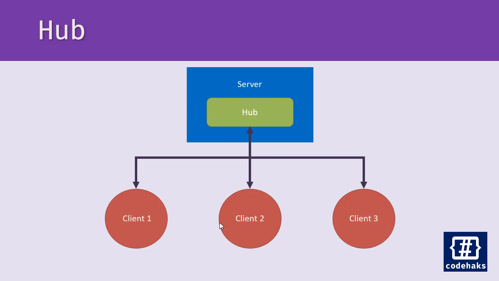So clients don't talk to each other directly, they talk to the server, and inside the server there is a hub, and that's where everything happens and data gets shared between different clients. Each client can be a user. It can be user 1, user 2, user 3, and these users talk to each other with a central hub.